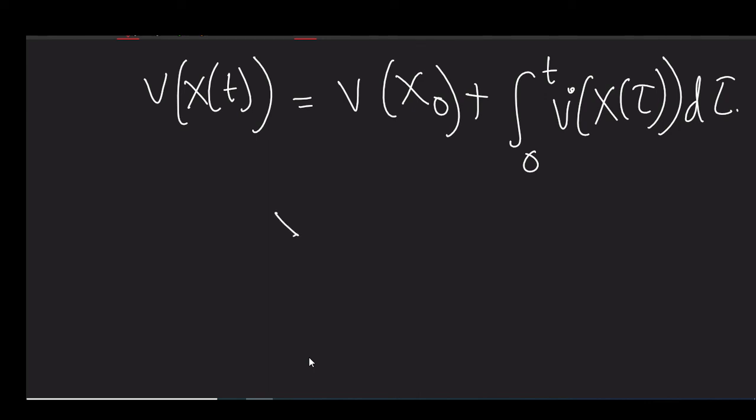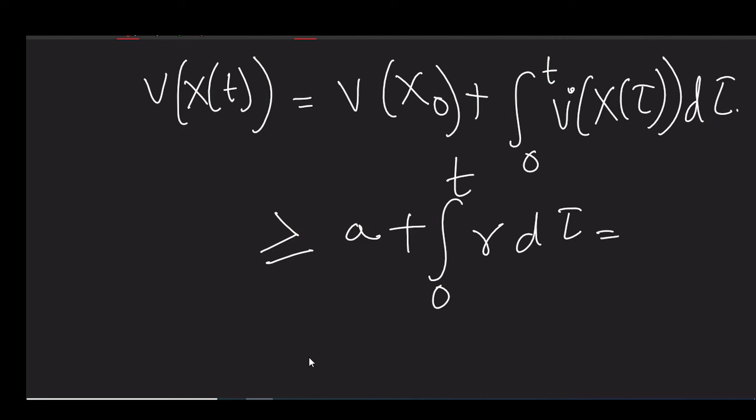So that should be greater than or equal to a, because the first part will give us a plus... this is the minimum value of V(t). We are finding the lower bound for V(t), right? Even if it is the lower bound, V(t) will always be greater than or equal to this.